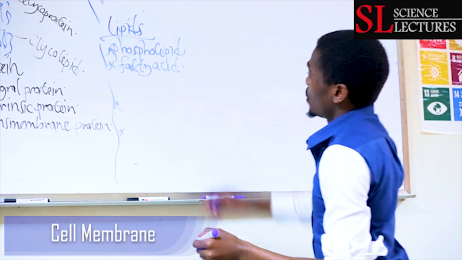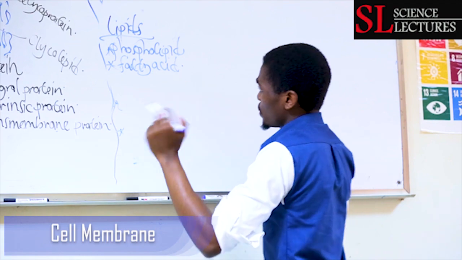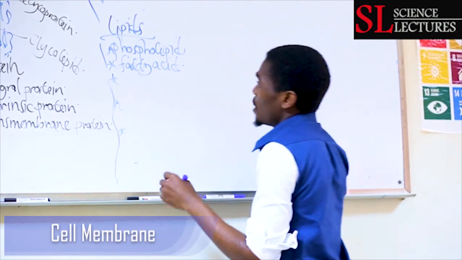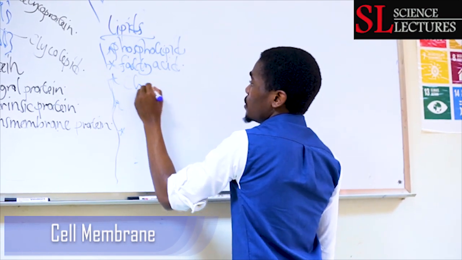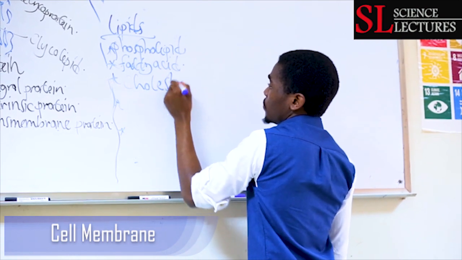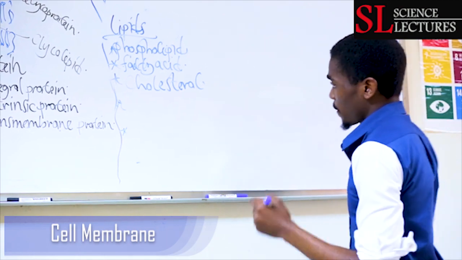Phospholipid, we've seen the importance of our phosphate group. Then fatty acid, we've seen the importance of the unsaturated fatty acid. Then finally we have another important lipid, which is cholesterol. So cholesterol is another important lipid inside our cell membrane.